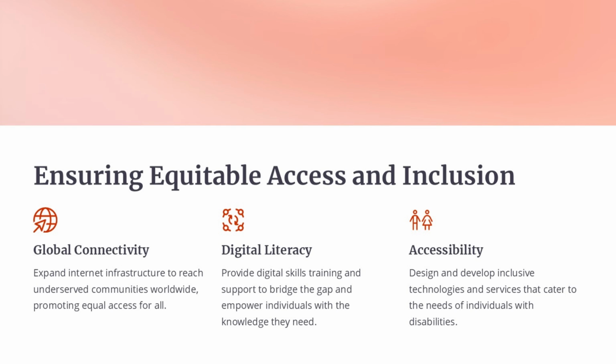Providing digital skills training and support is essential to bridge the knowledge gap and empower individuals with the skills they need. Designing and developing inclusive technologies and services that cater to the needs of individuals with disabilities is vital for true accessibility. These three pillars, connectivity, literacy, and accessibility, are fundamental to creating a more inclusive digital landscape.